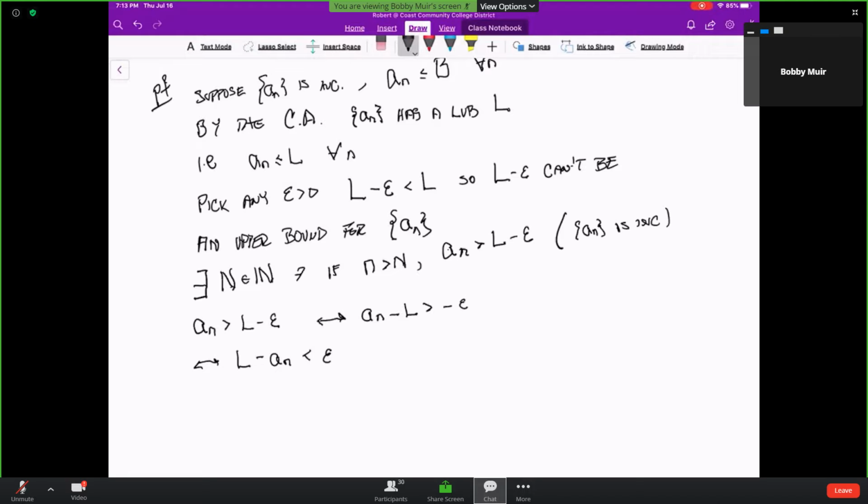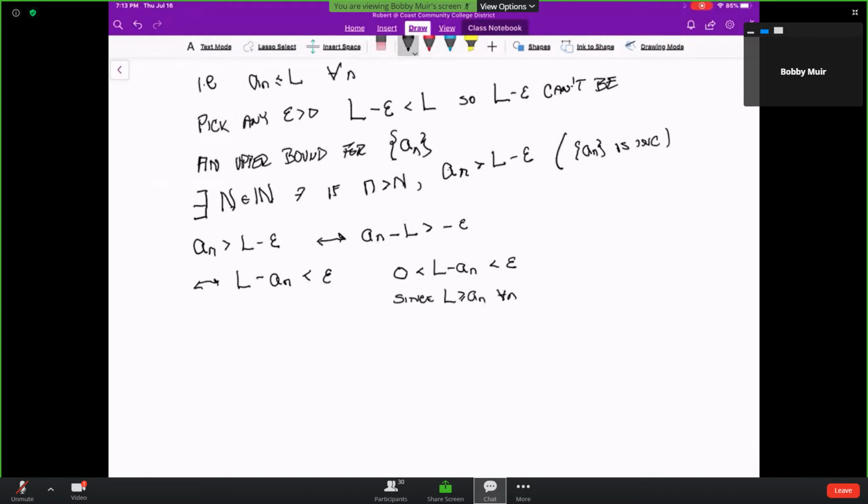And remember that L is an upper bound, so L minus A_n is positive, since L is bigger than or equal to A_n for all n. And so certainly that would imply that negative epsilon, which is a negative number, is smaller than 0. So that's L minus A_n, and that's less than epsilon over here.